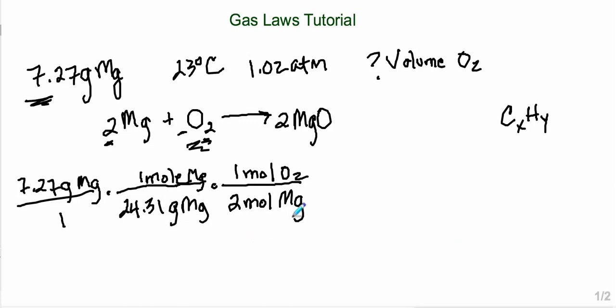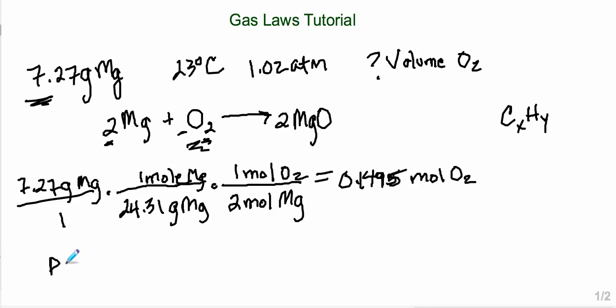This is all fairly familiar. And I get an answer of 0.1495 moles O2. I didn't take it to grams because when I'm working in gas laws, remember that grams is not one of the factors that we use.